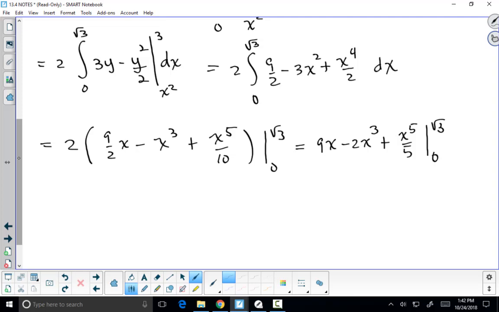So plugging in the root 3, we get 9 square root of 3 minus 6 root 3. Root 3 cubed is 3 root 3 multiplied by 2. And then this one, we get 9 root 3 over 5.